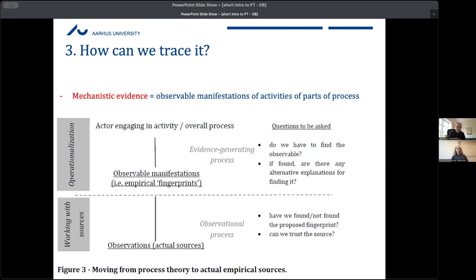In this respect, I think process tracing draws a lot, at the more observational level, on history and historical methods about source criticism, where they're particularly strong. And then the actor engaging in activities, and then the observable manifestations. This is, in particular, where Bayesian reasoning is typically used to think through alternative explanations for finding evidence.